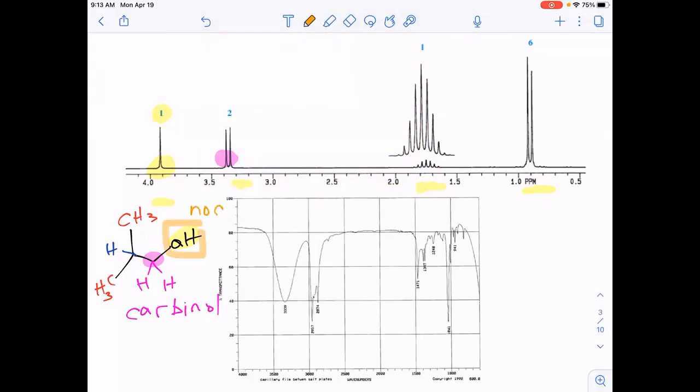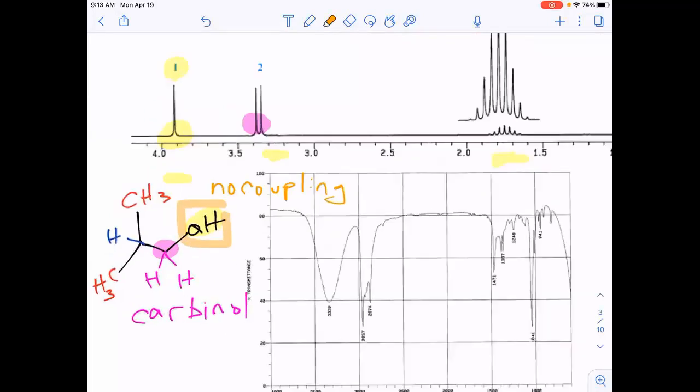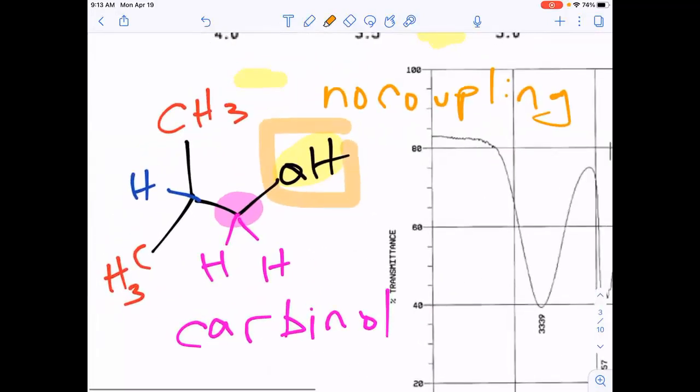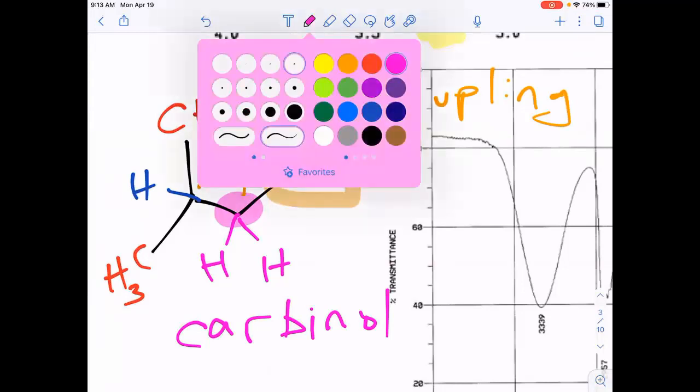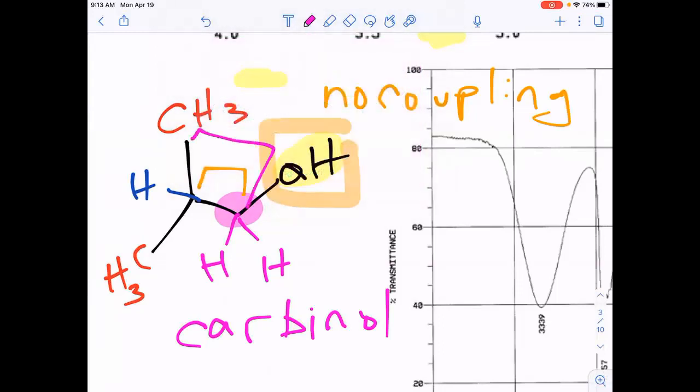Then that just leaves a CH3. You mean the CH3 or the CH next door to it? You see that? It's got to be adjacent, so it's got to be on this carbon. These two carbons are going to talk to each other. This carbon here is not going to talk to a carbon way over here. That's too far away. So the only time you see splitting is when they're right next door to each other.